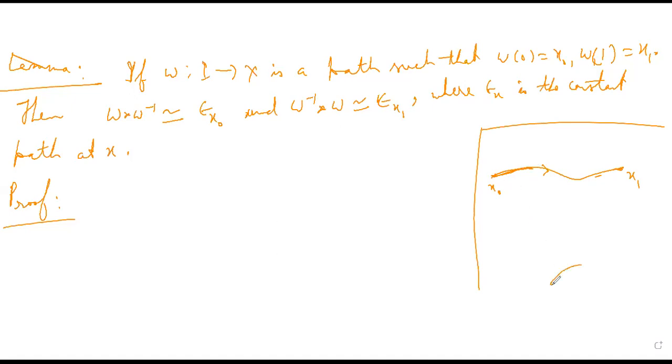This is a path, so that is omega star omega inverse. And now what is omega inverse star omega? First you go with omega inverse, then you go with omega. This one has origin and end points x naught, and the other has origin and end points x1.